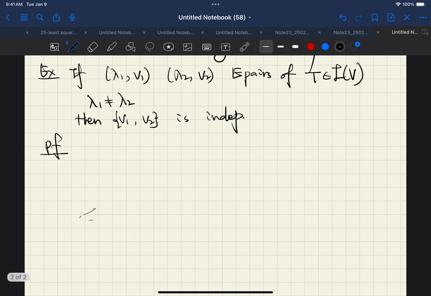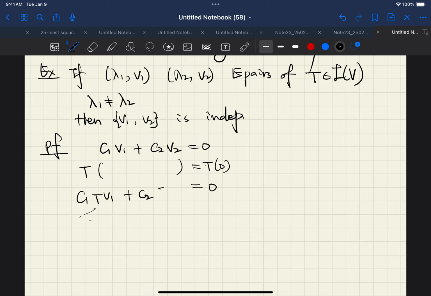So if you want to prove two vectors are independent, then you usually look at this kind of equation, C1 v1 plus C2 v2 equals 0, and see if there are non-zero C1, C2 satisfying this. If I apply T to both sides, we know that T of 0 is always 0, and T can be separated, so C1 T v1 plus C2 T v2.